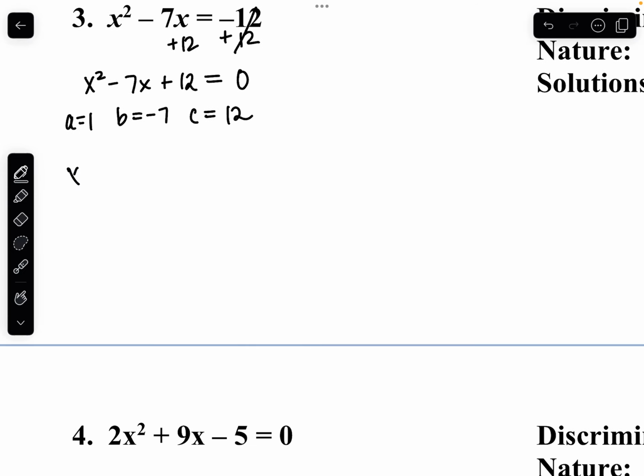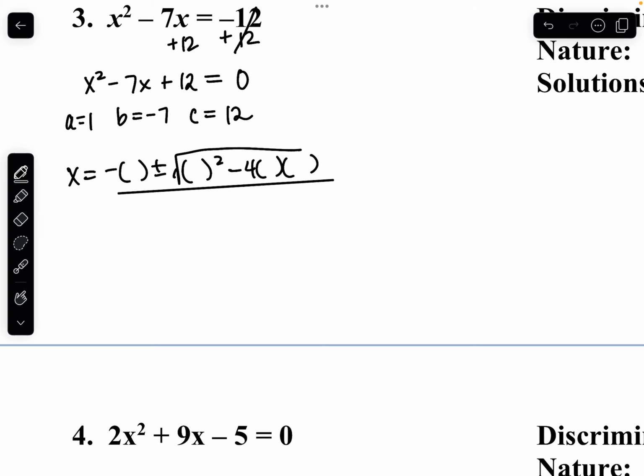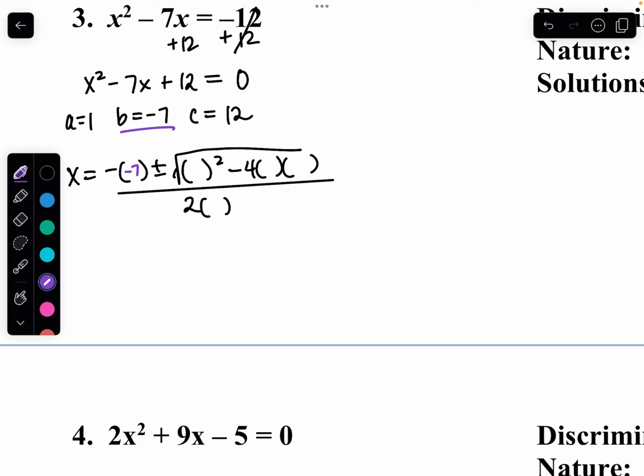And so getting our setup, x equals -b plus or minus the square root of b squared minus 4ac all over 2a. And so our b value goes in the first two blanks. Our a value goes in the next blank, top and bottom. And then our c value goes at the very end.